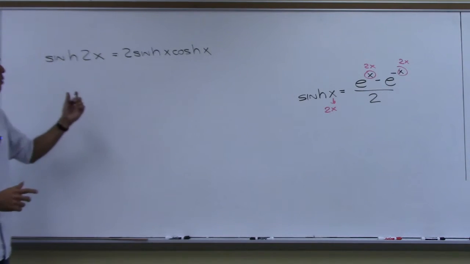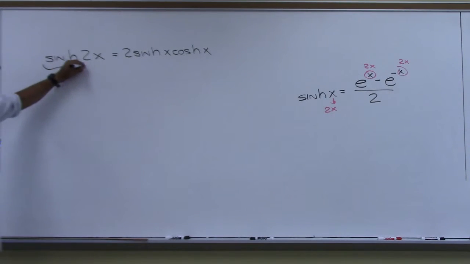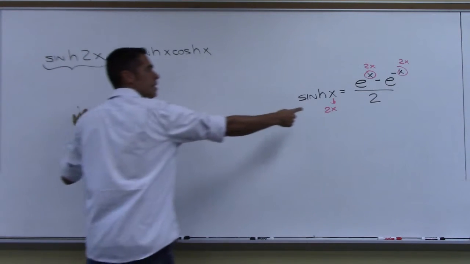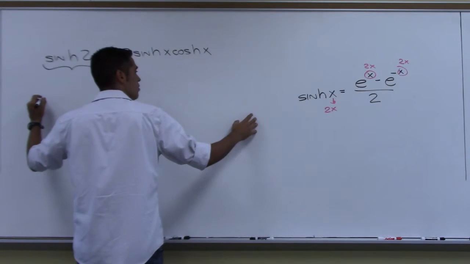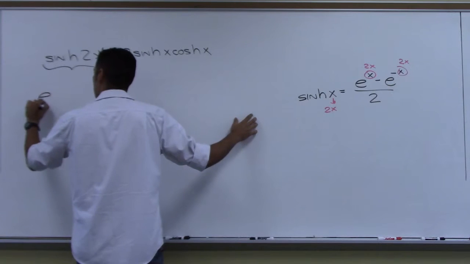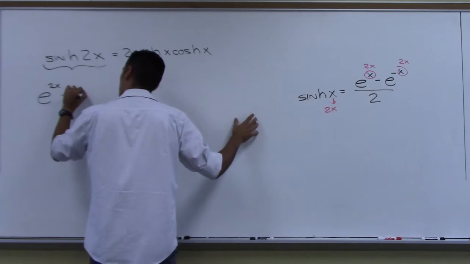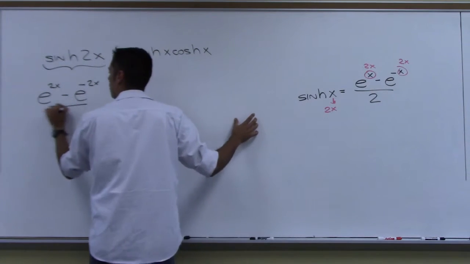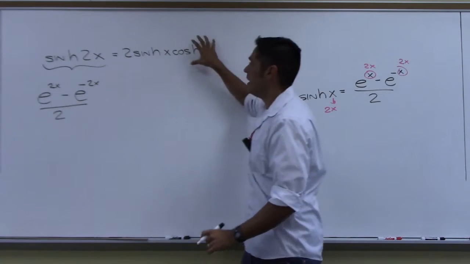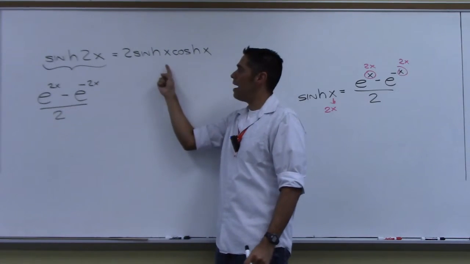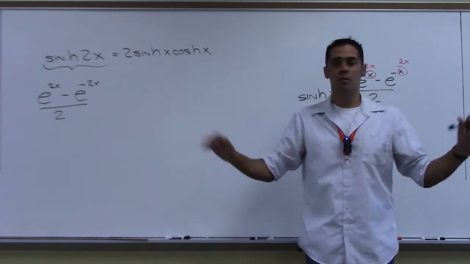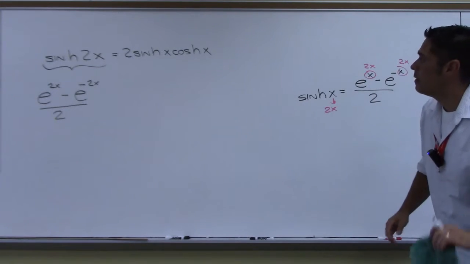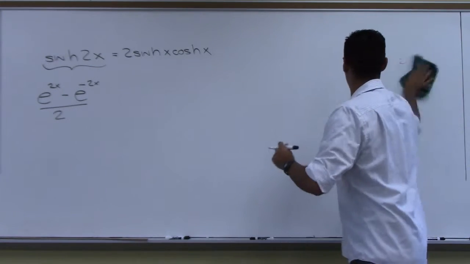And remember that what we want it to become is whatever this is when you plug in here. So why don't we just jot it down so we know what we're trying to get to. We're trying to get it to become this. That's what we want the right-hand side to turn into. If we can turn that into that, we're done. Okay, so now let's start with the right-hand side.